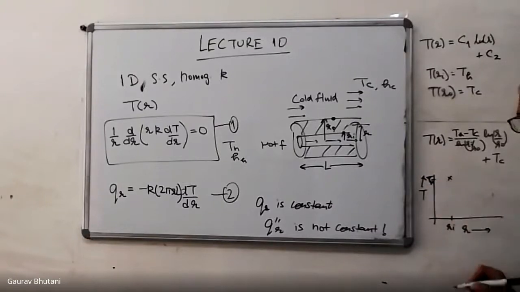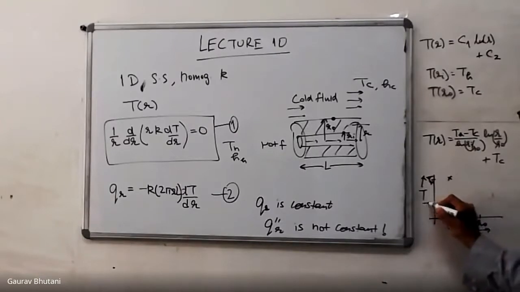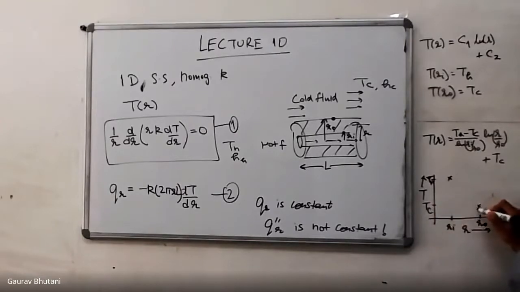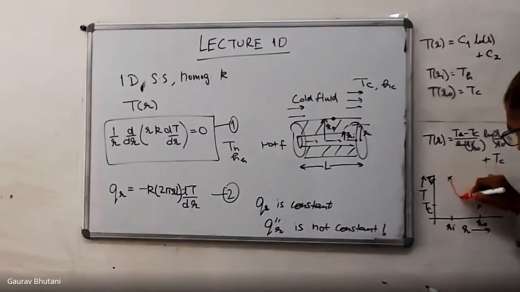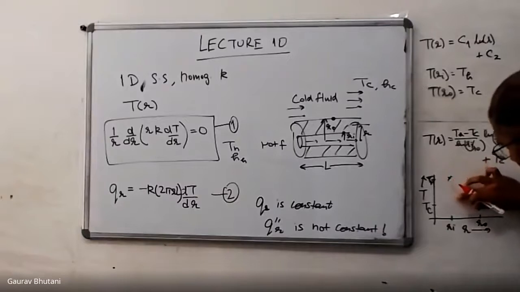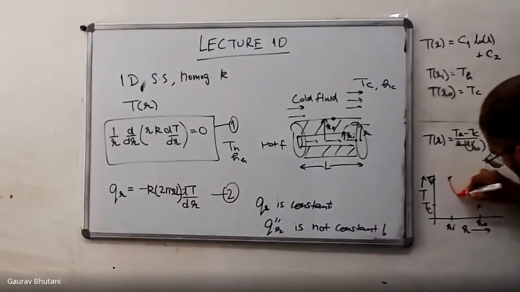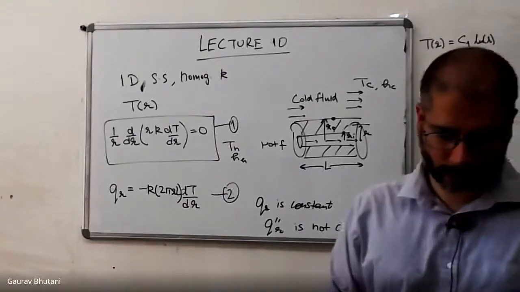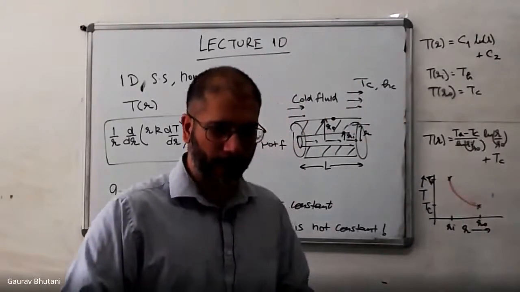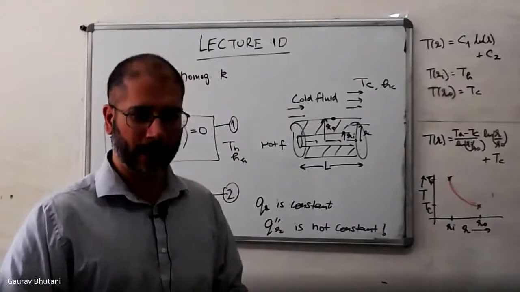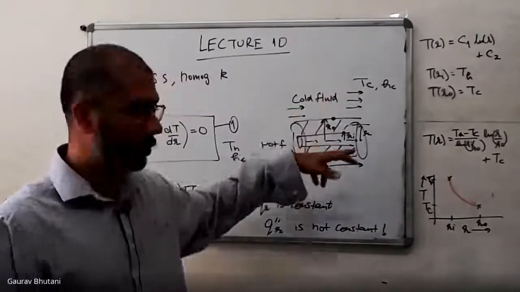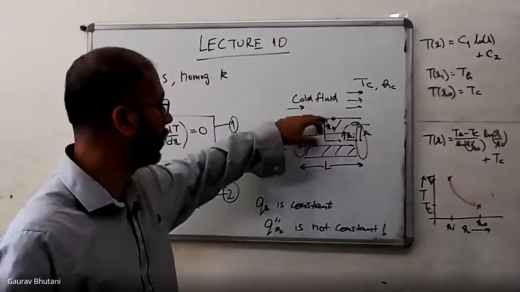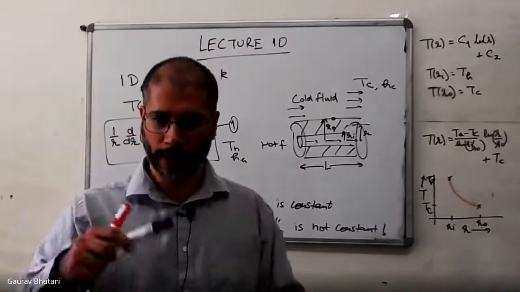And for R equals R naught, that is on the outside, we have T cold, which is here. The variation is logarithmic, so something like this. So this is a logarithmic decay in the temperature as you go from Ri to R naught in this insulation in the pipe.